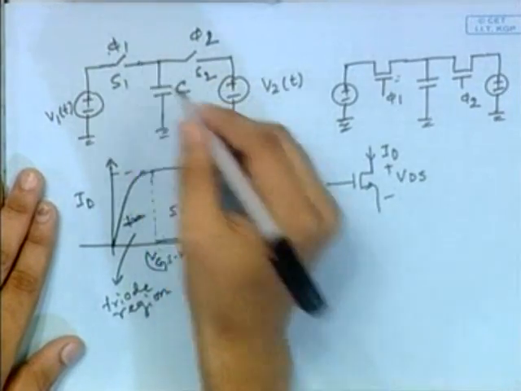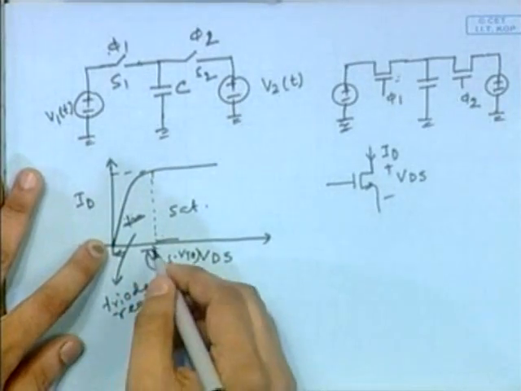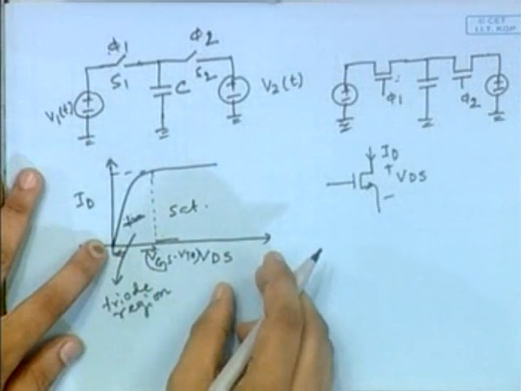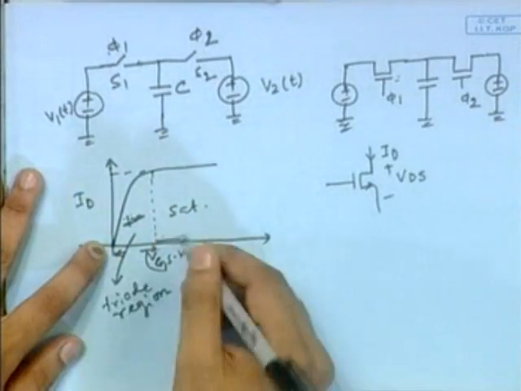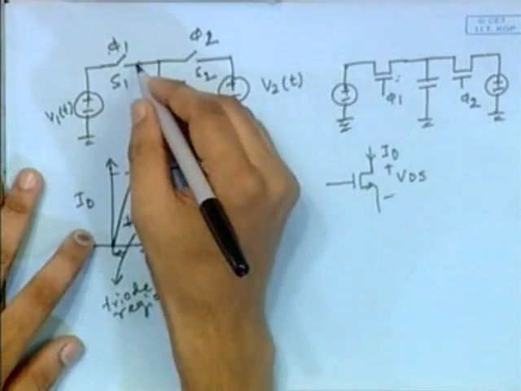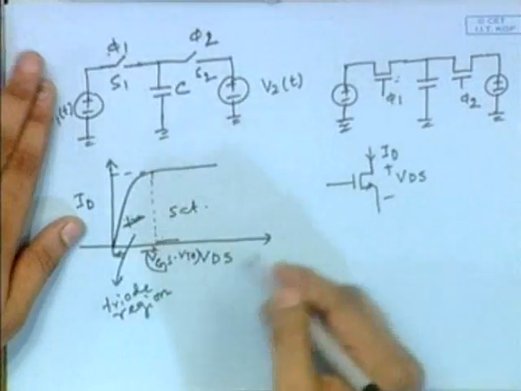These MOS switches are operated within the triode region so that we can have very small VDS. So you have to check whether these switches are operated within the triode region or not.